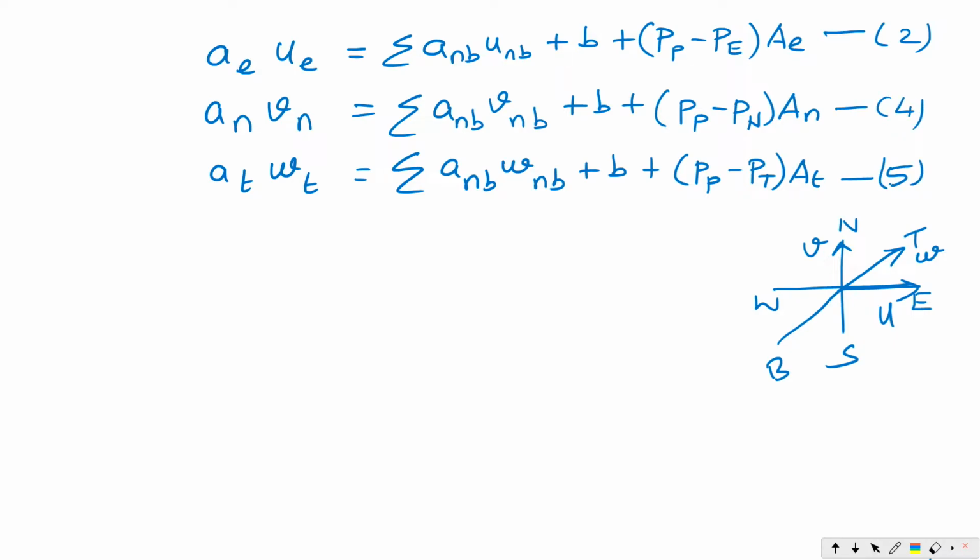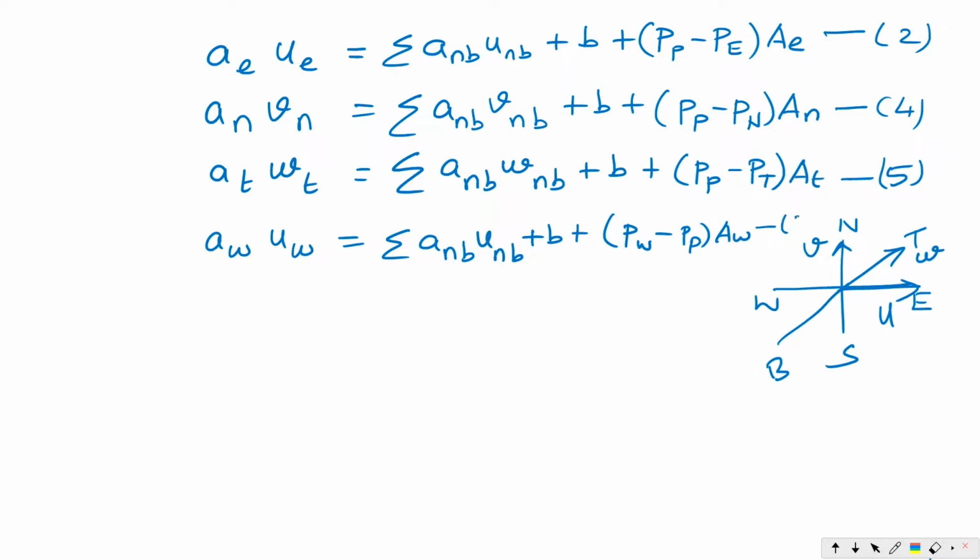Now once again I will write this equation from the previous slide, namely aw uw on the left-hand side of the u component. So aw uw will be equal to sigma of anb unb plus b plus, instead of pp minus pe, here it is pw minus pp of aw. We have shown how it came also. Let it be equation number 3.